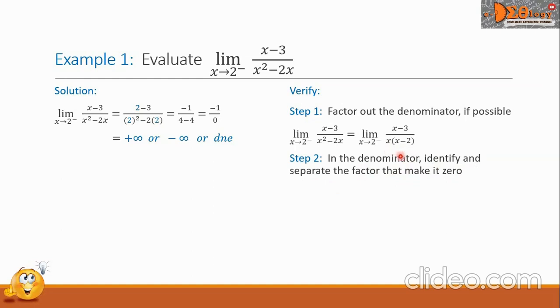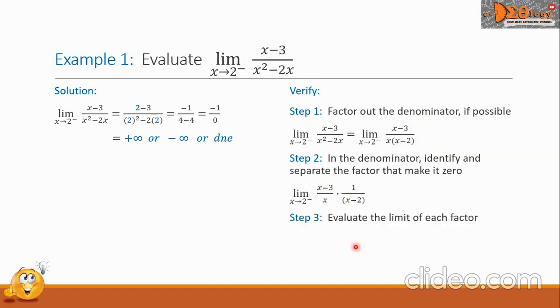One is x, the other is x - 2. When we substitute the value 2 to each of the x in the denominator, we can see that the factor x - 2 becomes 0. So that factor we need to separate. We're going to split now our function into 2. The first factor is (x - 3) over x, times 1 all over (x - 2).